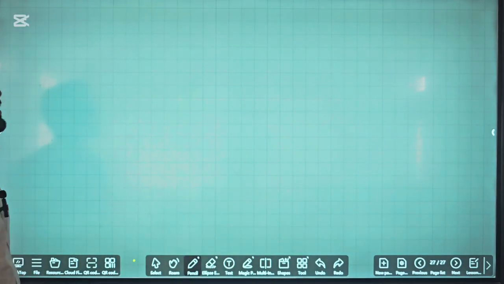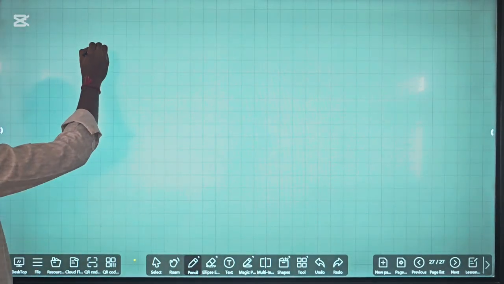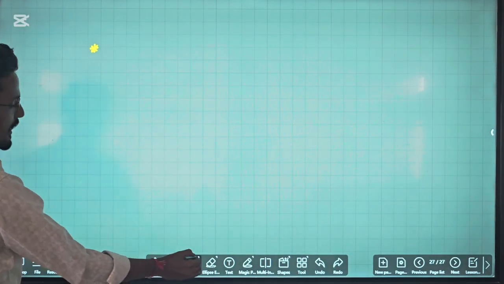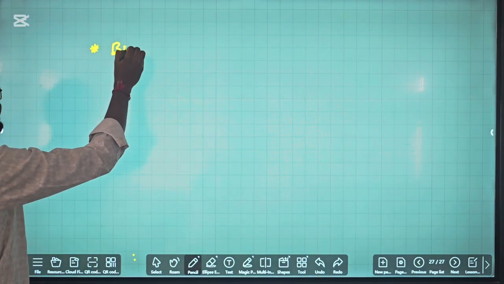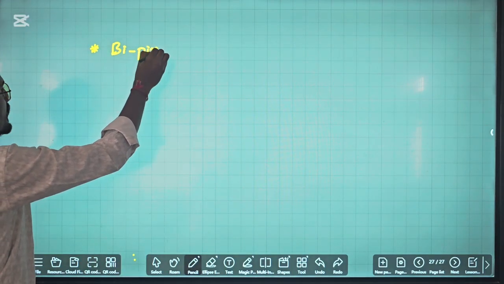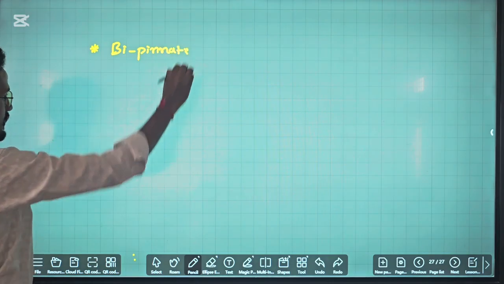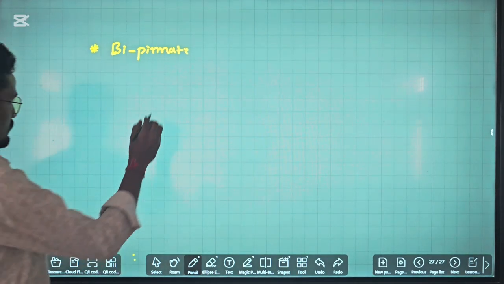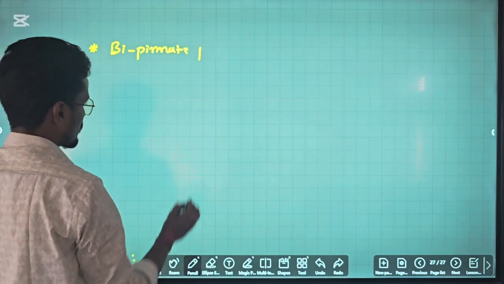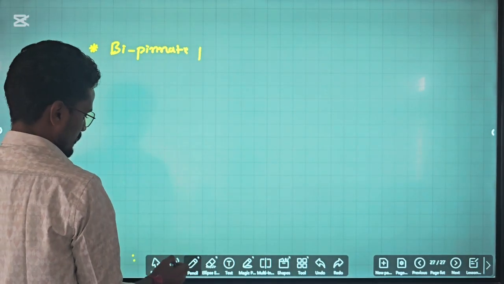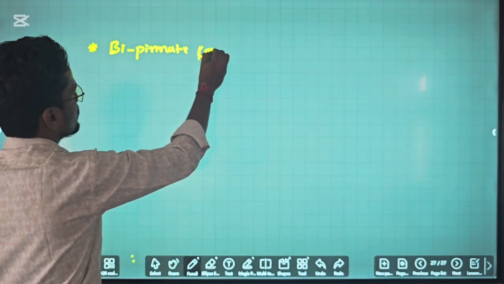The second type of pinnately compound leaf is bipinnate. That is a bipinnate compound leaf.